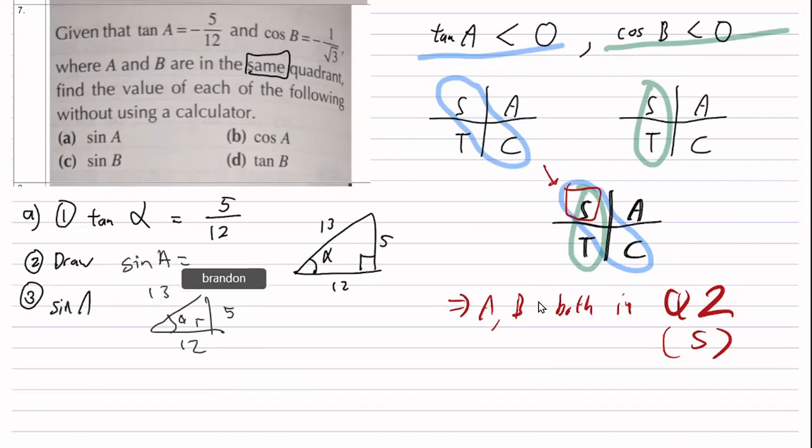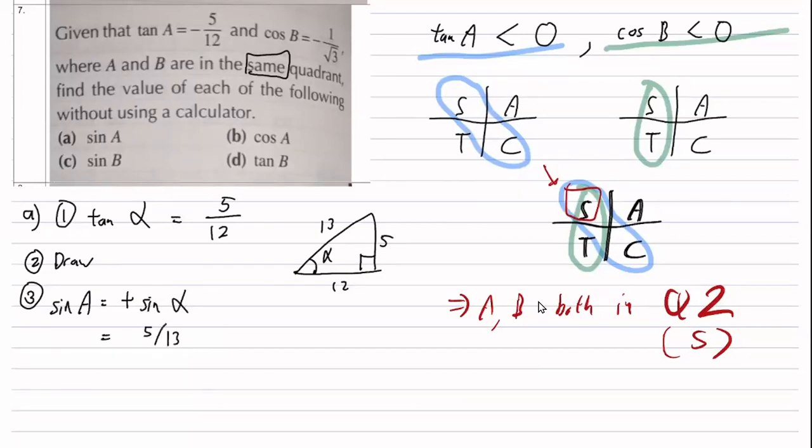So sine A is sine alpha over 13. But what is the sign? Because we're in quadrant 2, sine is positive. Then sine alpha is what? Opposite over hypotenuse, 5/13. Is that your answer? Yes, good.